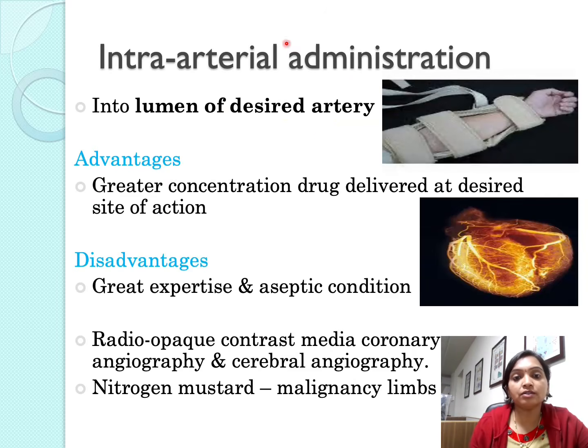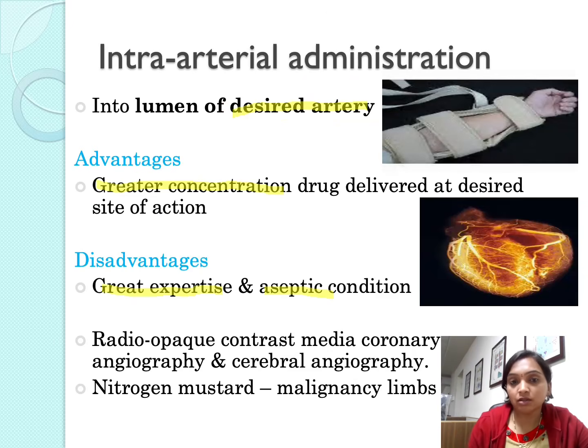So moving on, intra-arterial. As the name suggests, it is into the desired artery. Okay. So the advantage or positive point is that it will produce greater concentration at the desired site, and this also requires good experience and aseptic precautions, very important.